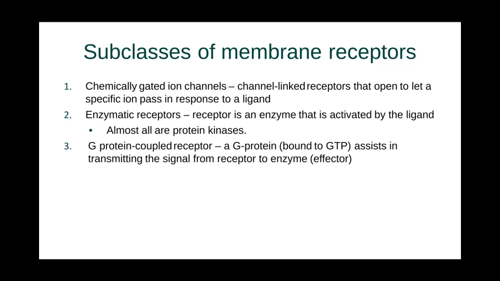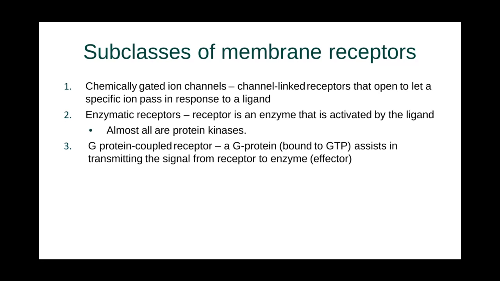So something binds, it allows like a hydrogen ion to pass or a chloride ion to pass. That's what we're talking about. We have enzymatic receptors. So this receptor is an enzyme that is activated by the ligand binding. And most of these enzymatic receptors are what we call protein kinases. And so just remember, protein kinases add a phosphate group to another protein.